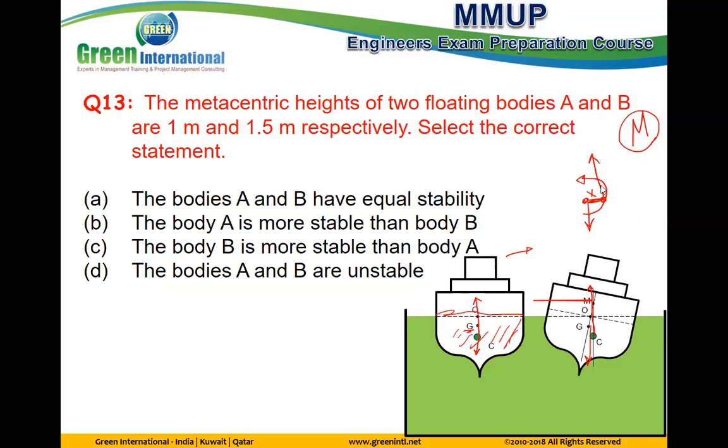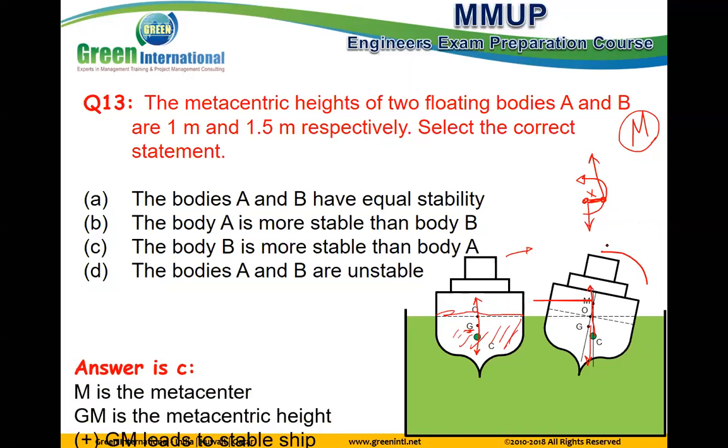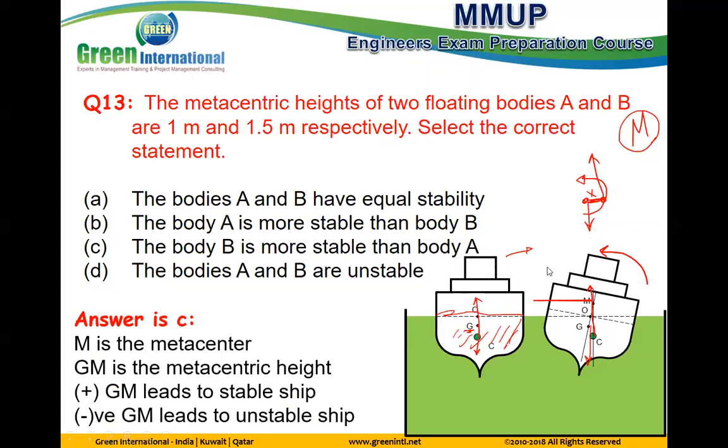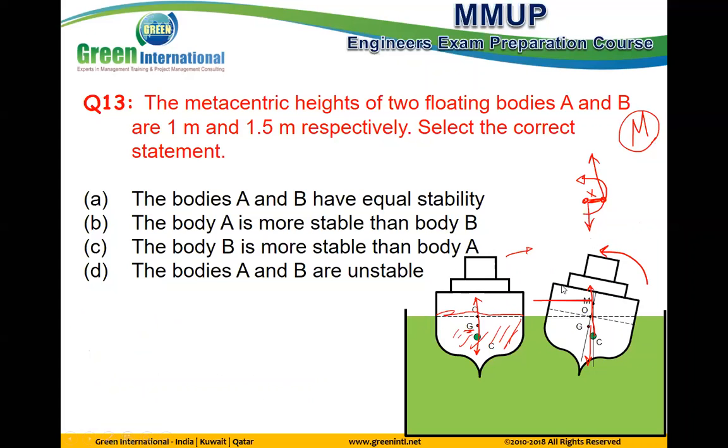It means this ship should be going in this direction. Correct? It means this one is stable, because it is rotated right, but the moment created goes in the opposite direction, left, which is a stabilizing direction.